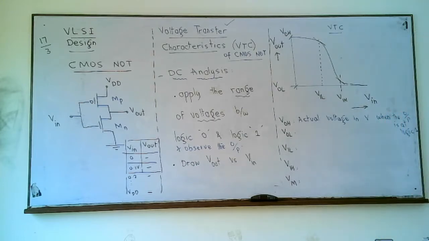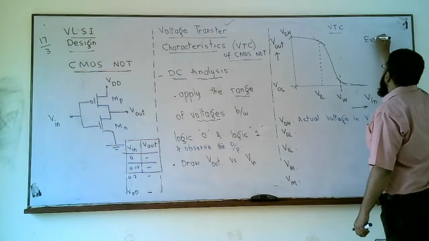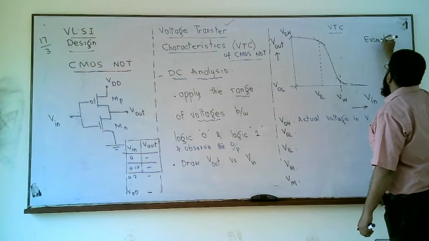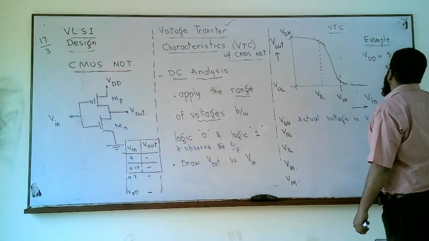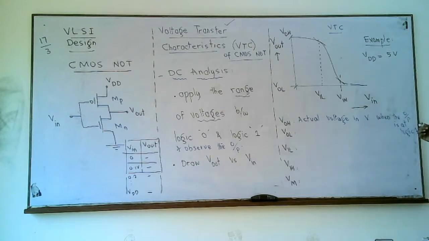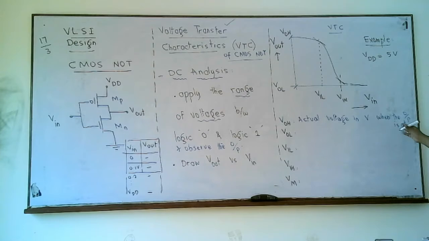Suppose we are working in a system where VDD is equal to 5 volts. If VOH is maybe 5 volts, we say that VOH is 5 volts.